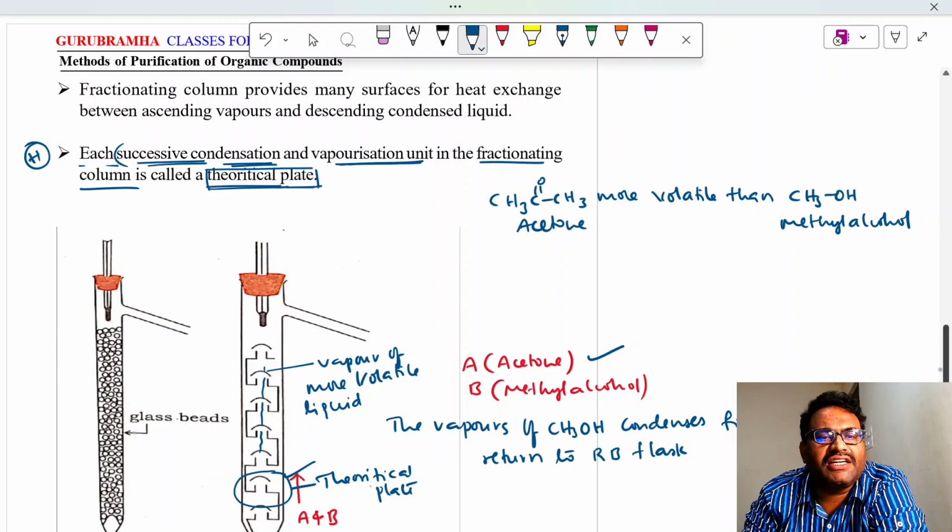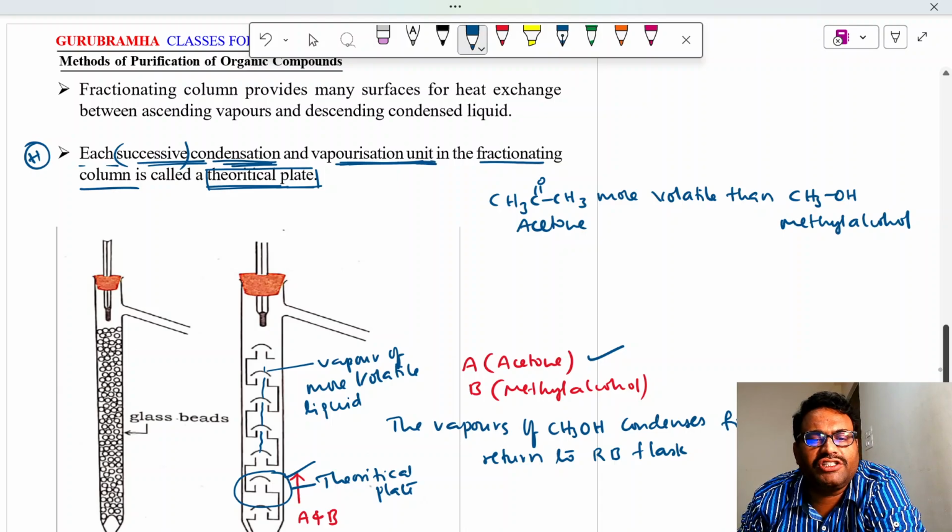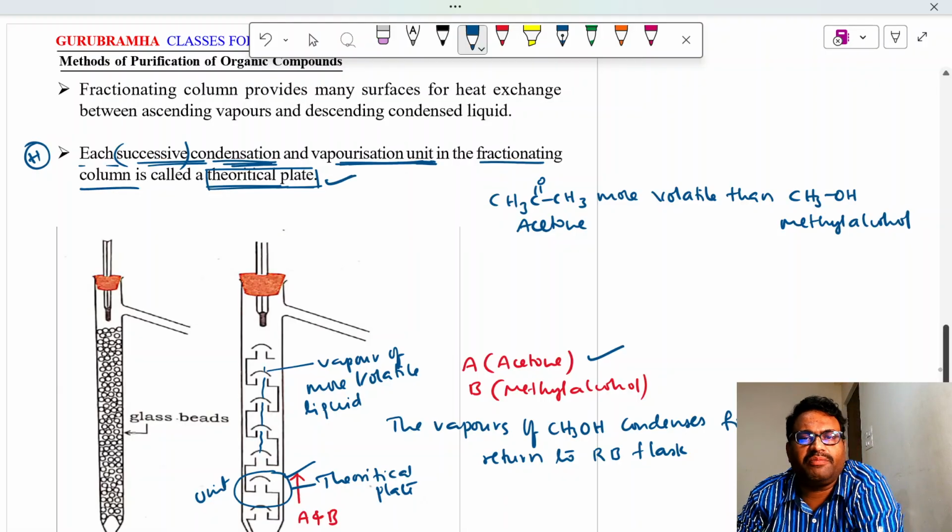See, each successive condensation and vaporization unit. So this is a unit at which one condensation and one vaporization occurs in the fractionating column, and that is called a theoretical plate, for the purpose of understanding, right?